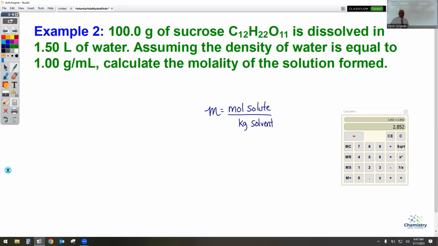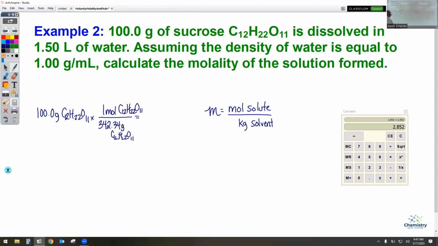Just like in our previous problem, I'm going to start by taking care of that numerator first and figuring out what my moles of solute is. So in this case, I have 100.0 grams of sucrose, C12H22O11. The molar mass of sucrose off the periodic table is 342.34 grams for every 1 mole of sucrose.